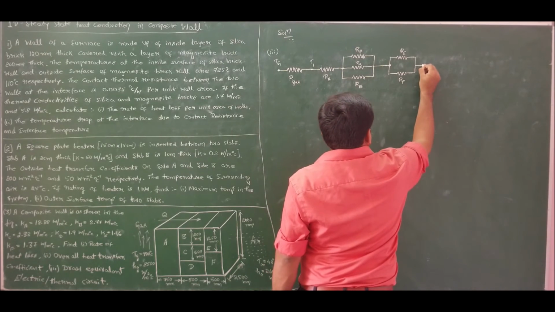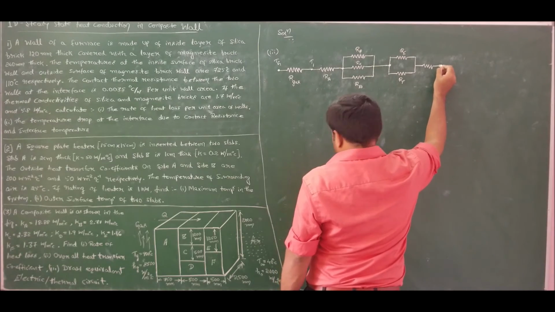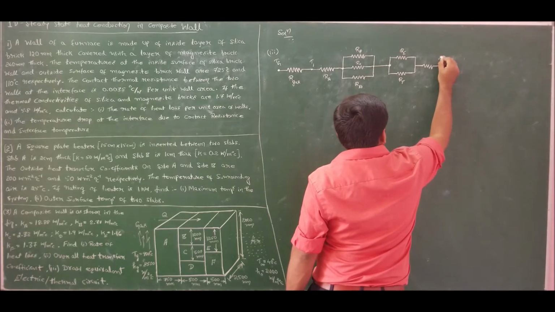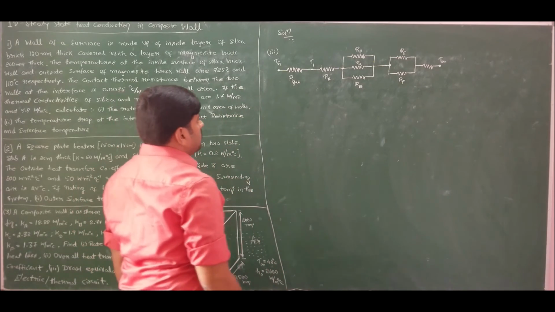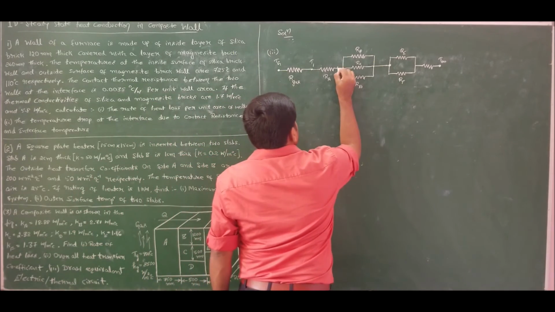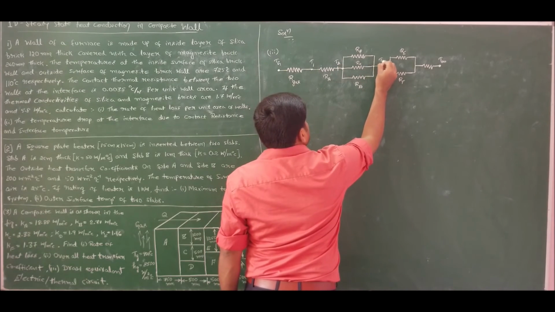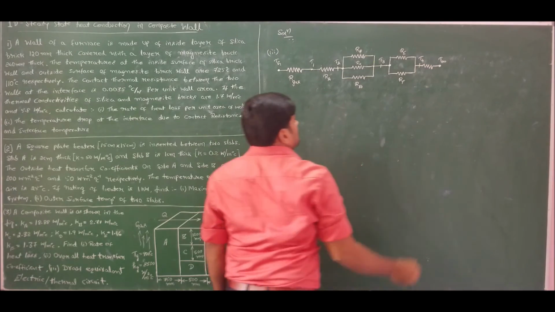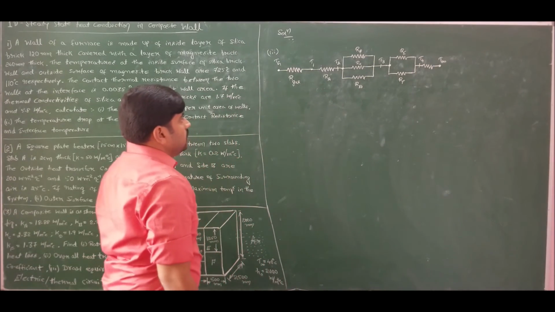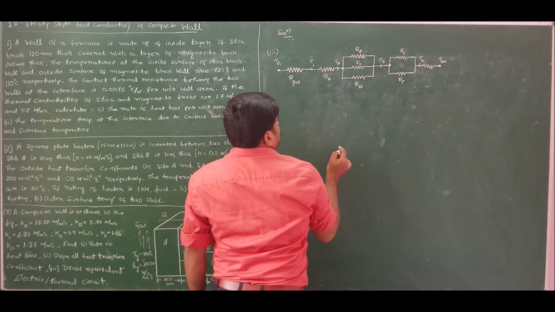And again we have convective resistance to the atmosphere, that is air, which is at temperature T infinity. So this is what we have here. We can take the temperature as T2, here we can take the temperature as T3, and here we can take the temperature as T4.